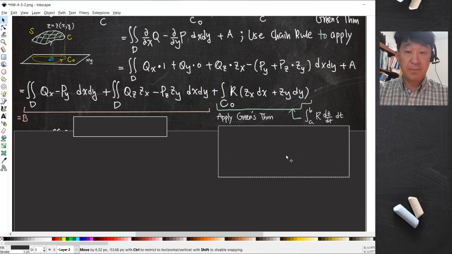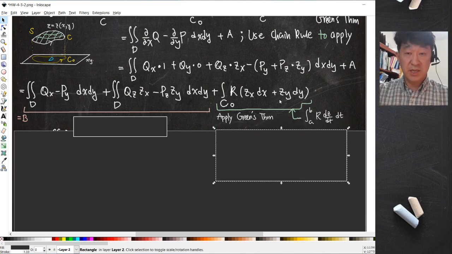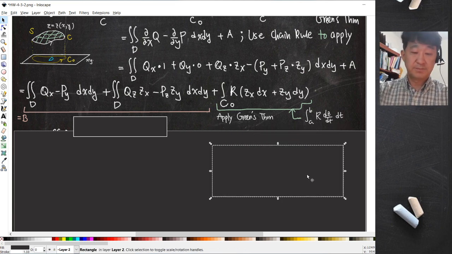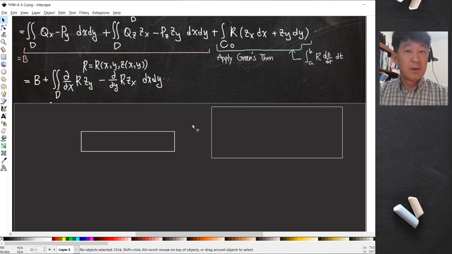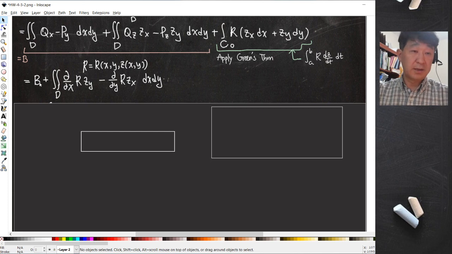That's what we are doing there, and we obtain that from this process that I already explained. Okay, I'm now working on that one, applying Green's theorem one more time to that C0 curve down there, and I'm just going to call everything here B and not copy down the same thing that I don't do anything about.